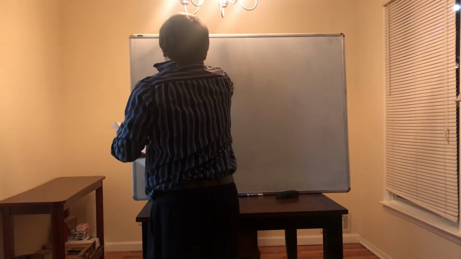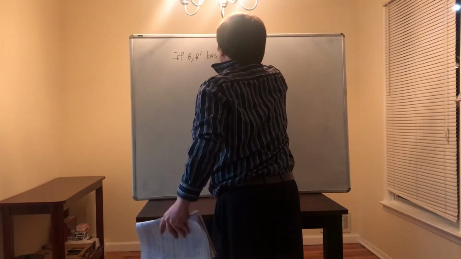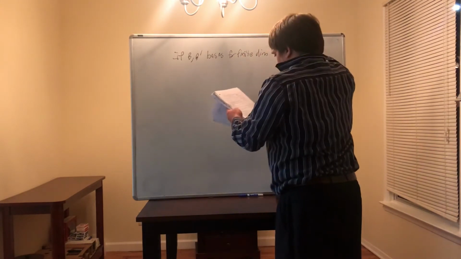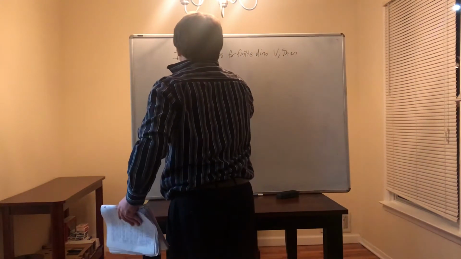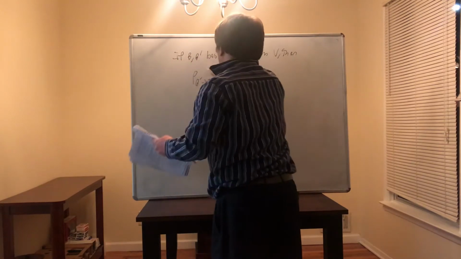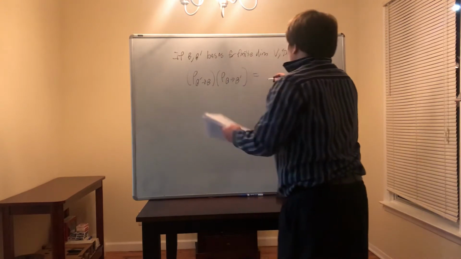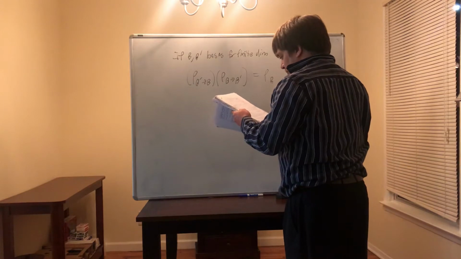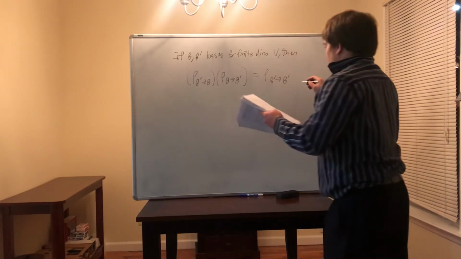Okay, so if B and B prime are bases for a finite dimensional vector space V, then the transition matrix from B prime to B times the transition matrix from B to B prime is equal to the transition matrix from B prime to B prime, which is the identity.